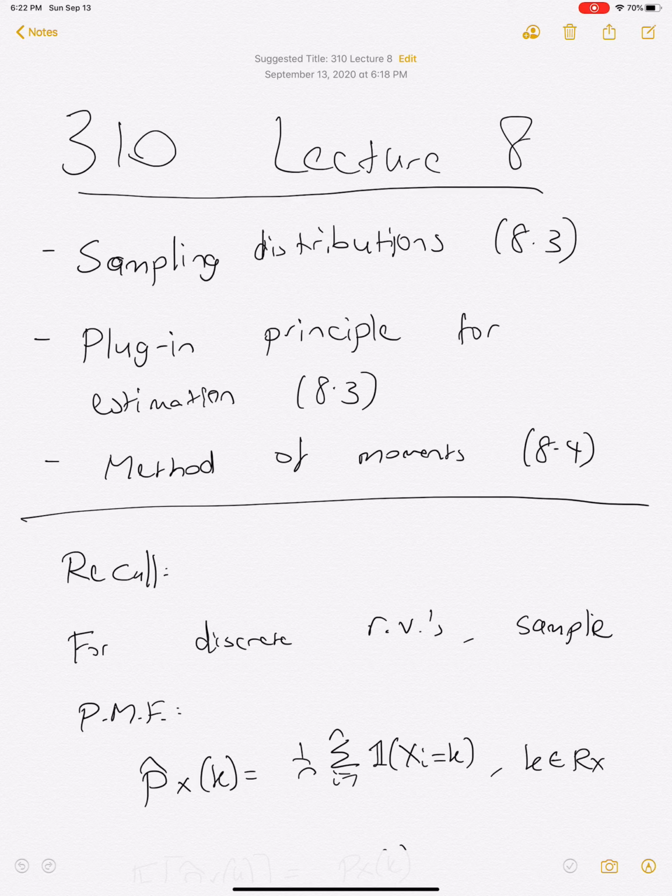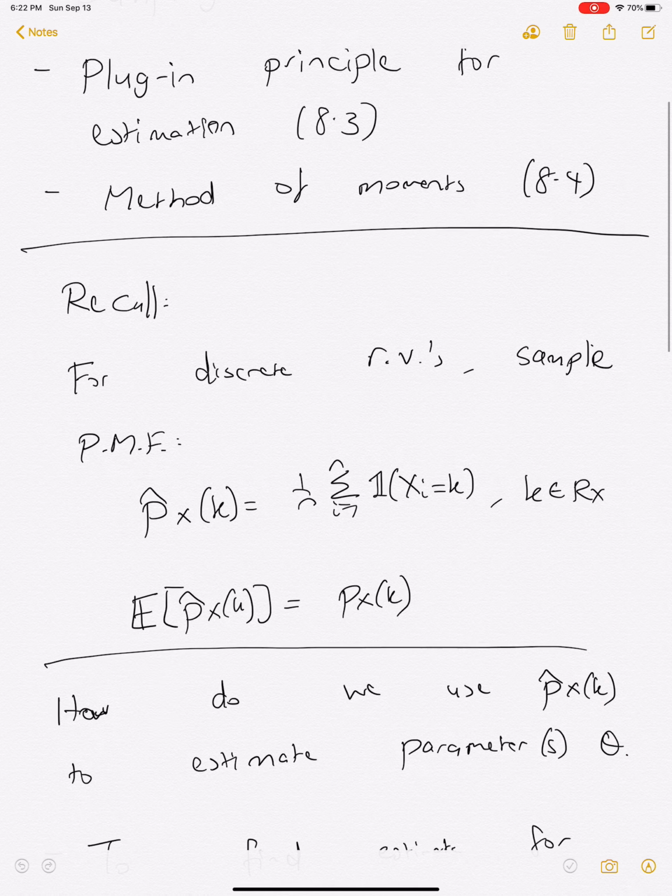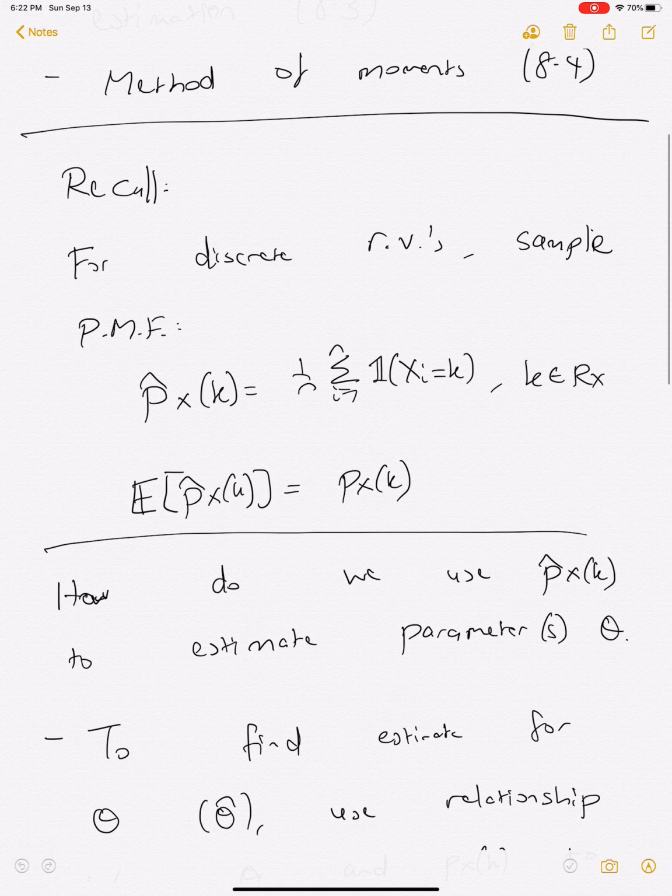And that's in 8.4. So just recapping what we covered in the back half of the previous lecture. Recall that for discrete random variables, we have this notion of a sample PMF or probability mass function. That's just the proportions of different random variable values within the sample.